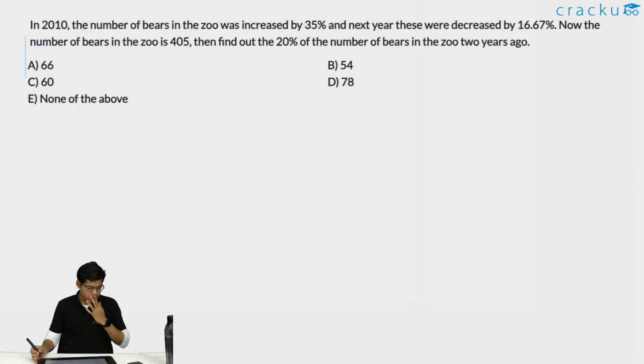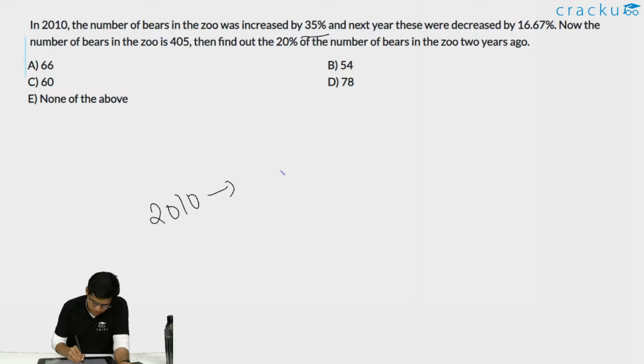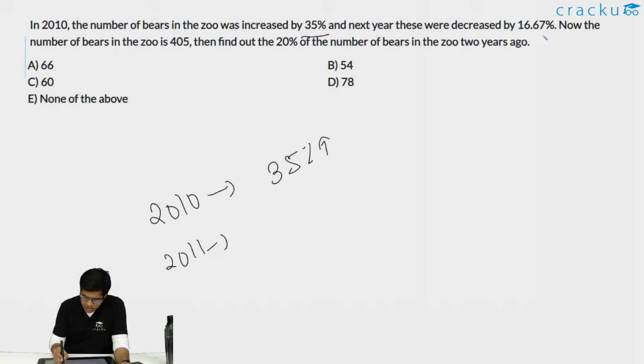Okay. So, in 2010, the number of bears in the zoo was increased by 35%. So what happened in 2010? The number of bears got increased by 35%. And the next year, 2011, the value got decreased by 16.67%.